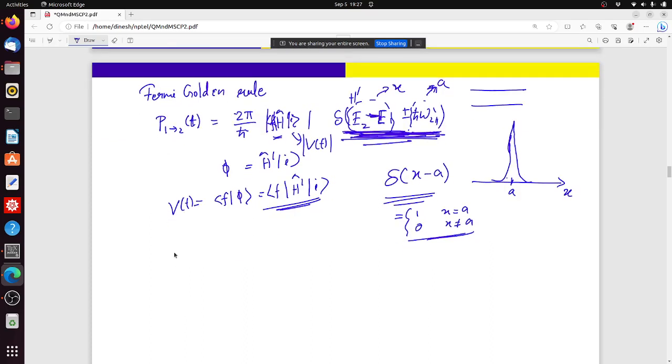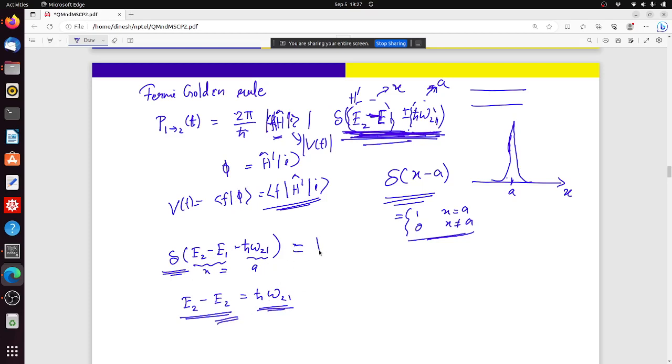This function delta of E2 minus E1, let's stick to one value, h cross omega 21. Okay, this is x, this is a. So this function will survive when x equals a, right? That means E2 minus E1 has to be h cross omega 21, right? When this condition is satisfied, this function will survive and be equal to 1.